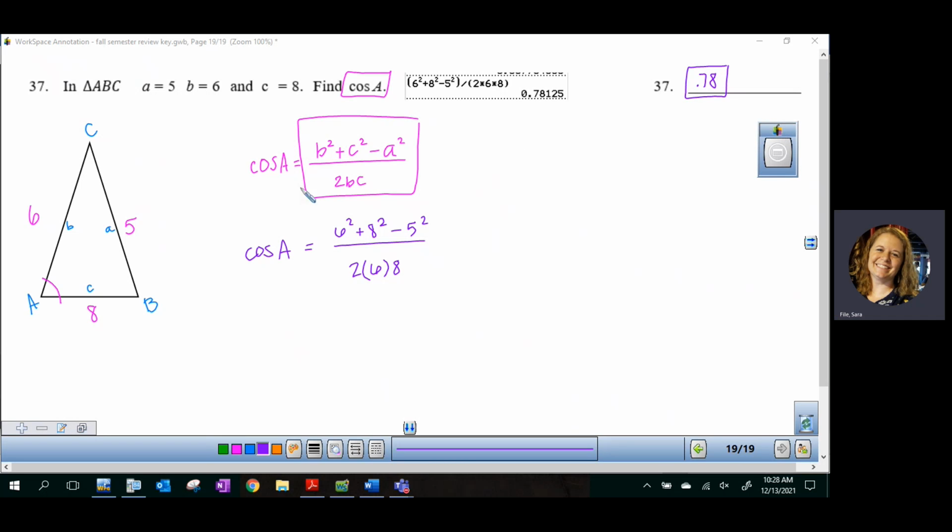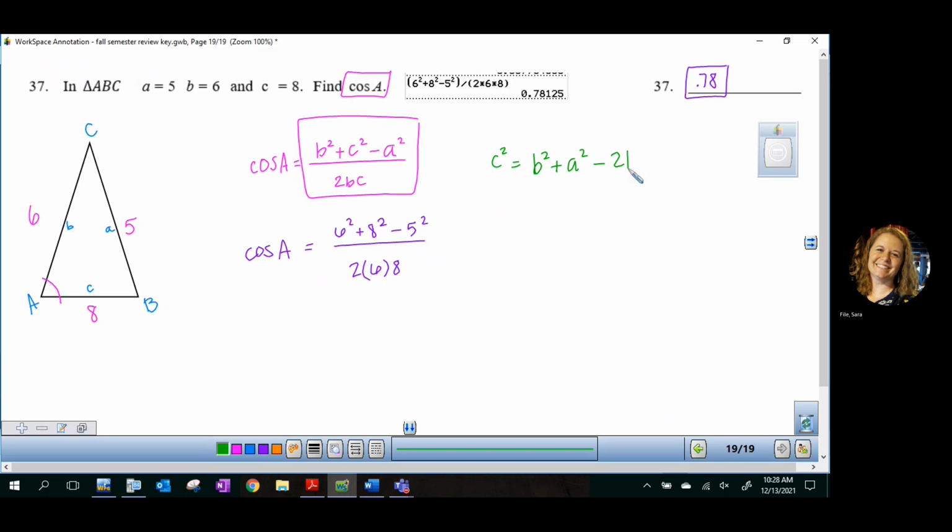Now again, the formula in this format that I wrote down is not on the formula chart. What is on the formula chart, I don't remember if it's A, B, or C, is in this format.